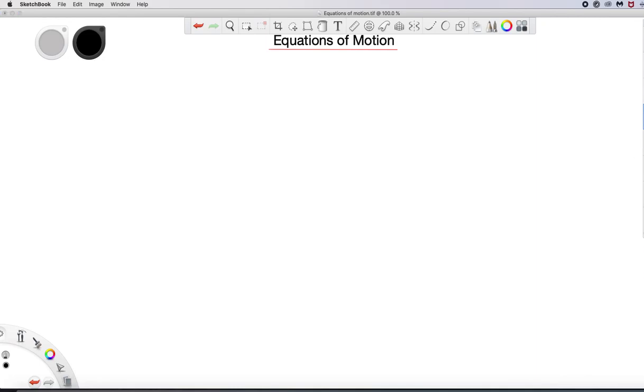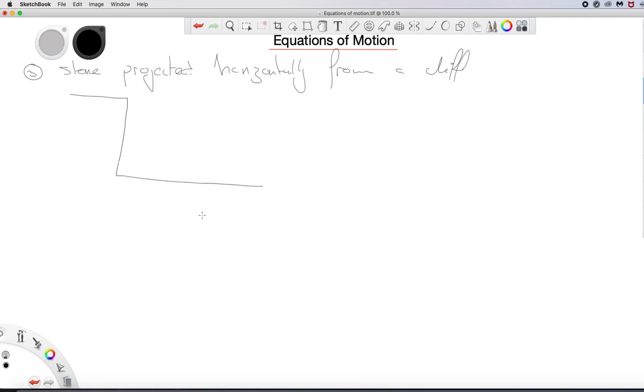Our third scenario then, projecting the thing horizontally, the same unfortunate stone. Okay, so let's say we have a cliff 100 meters high.